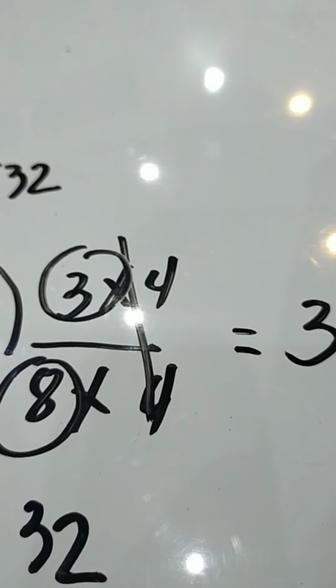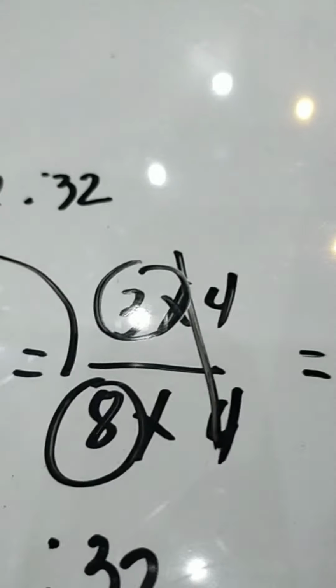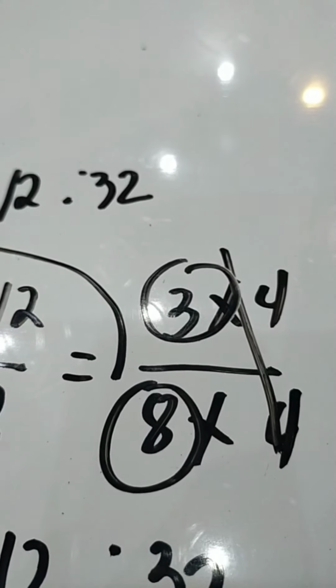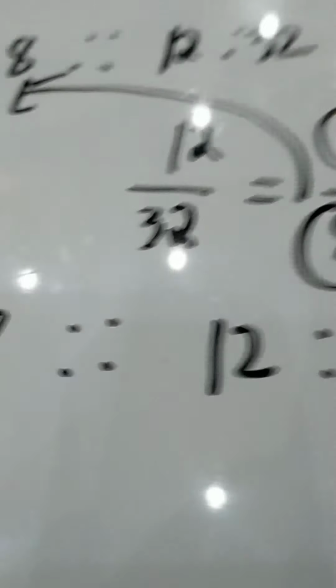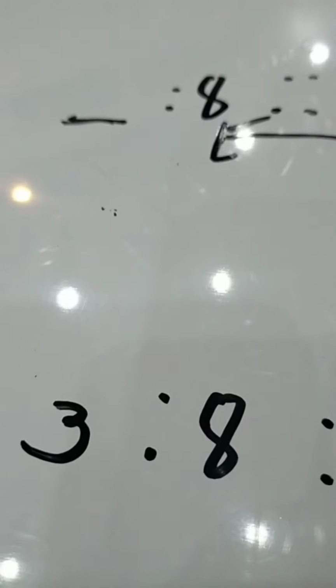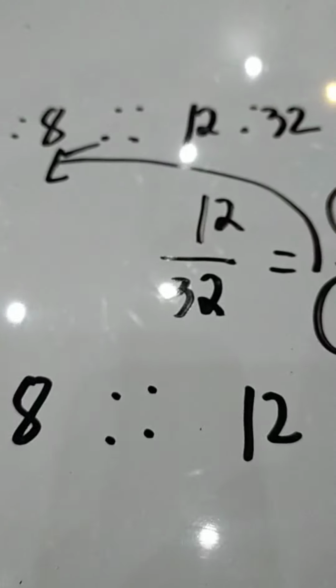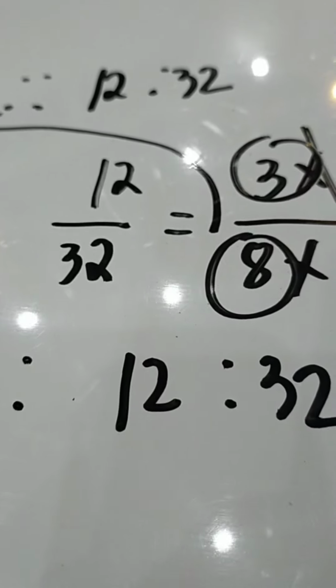We can cancel out 4. So, meron tayong matitira na 3 over 8. At nakita naman natin, sa unang ratio natin, 8 ang kanyang denominator. So, ibig sabihin, ang ating numerator ay 3. Thus, to complete the proportion, we have 3:8 is to 12:32.